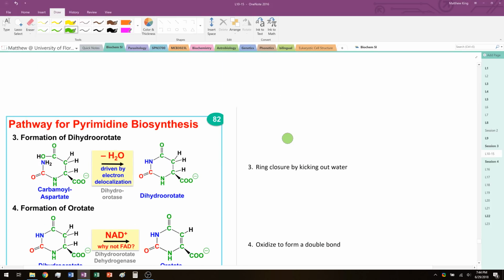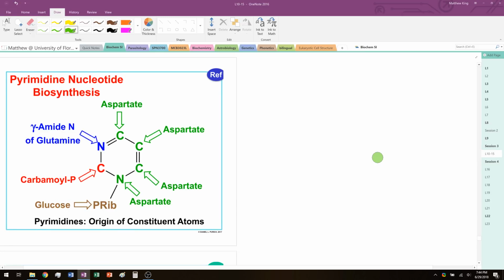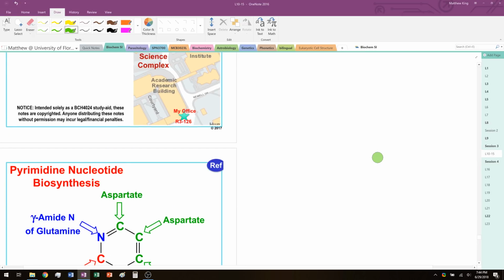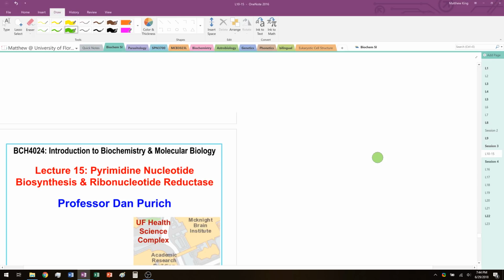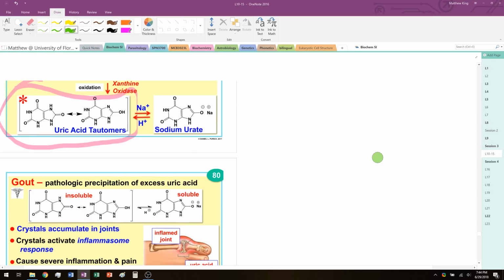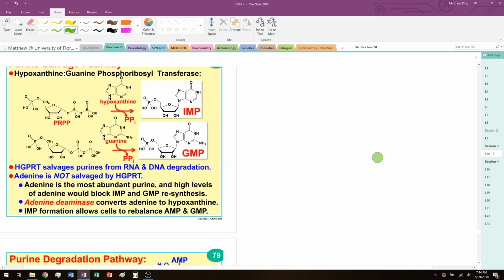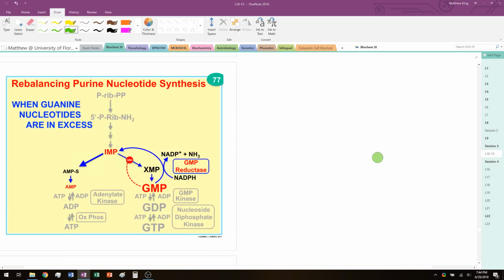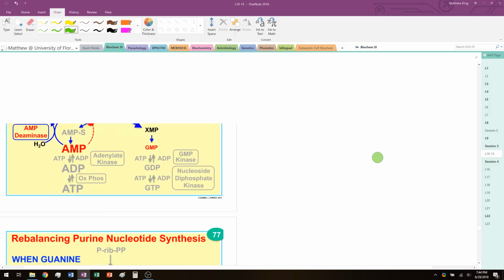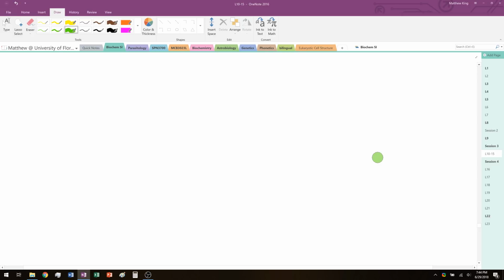But up here, I'll scroll back up, because for purine biosynthesis, which is much harder because it's a double ring, on the last thing that I talked about, I made a little list over here on the right side, which we're almost back up to.